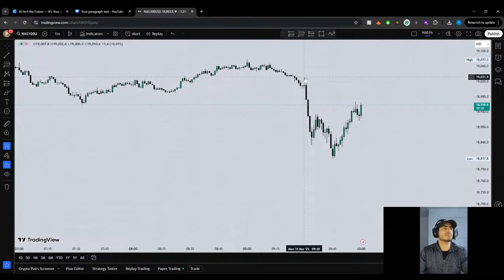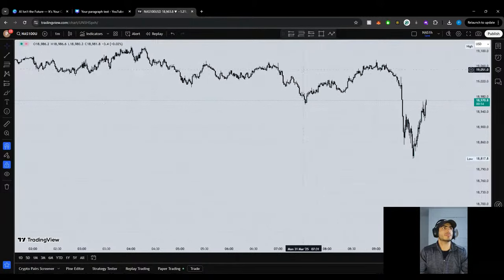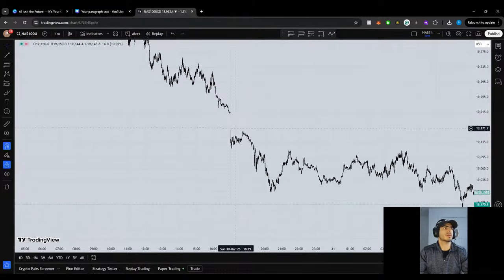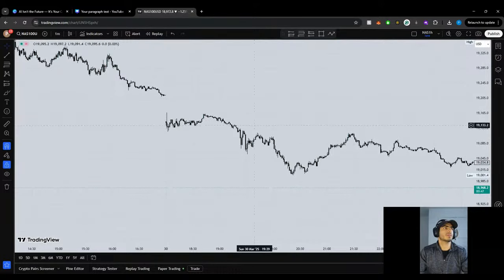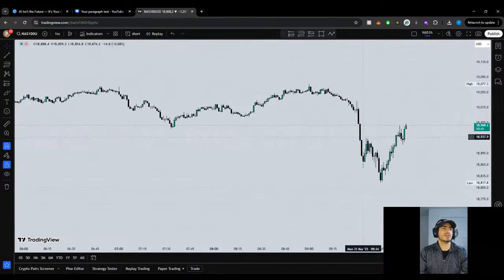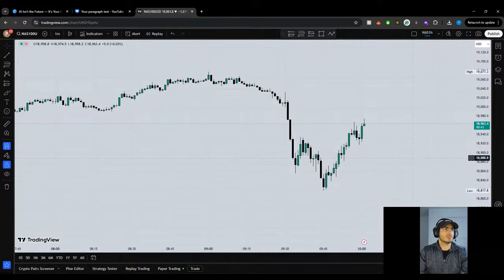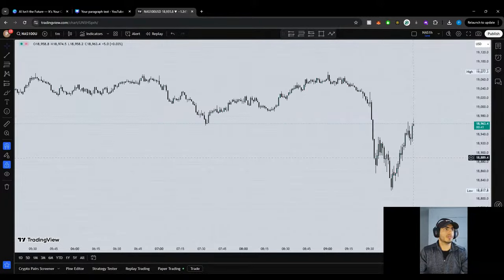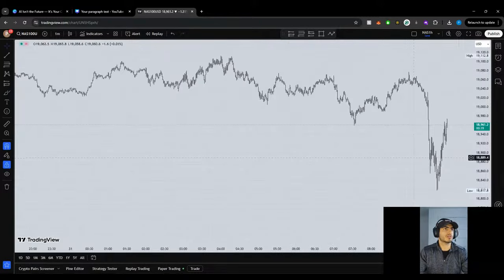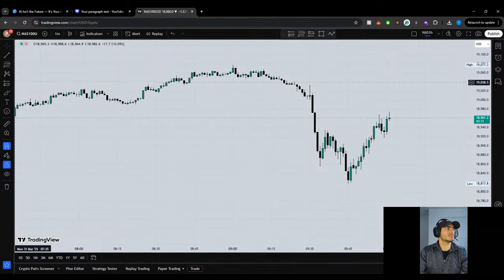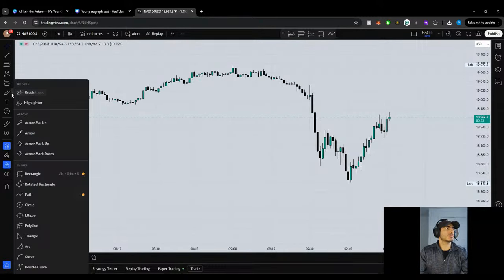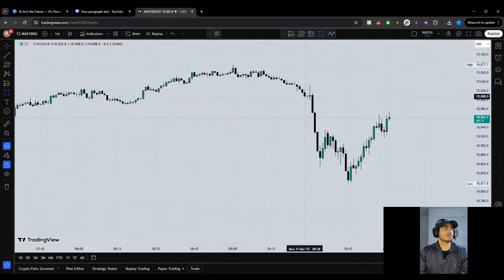Okay, so 9:30 open over here. Strong push down. Okay, gap down at the start of Asia. Obviously, market structure is leaning towards the downside. Let's make some annotations.